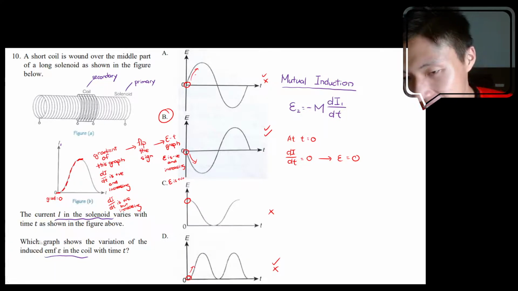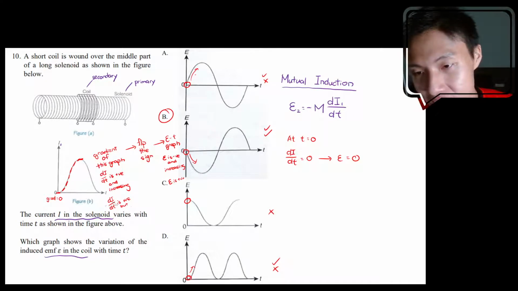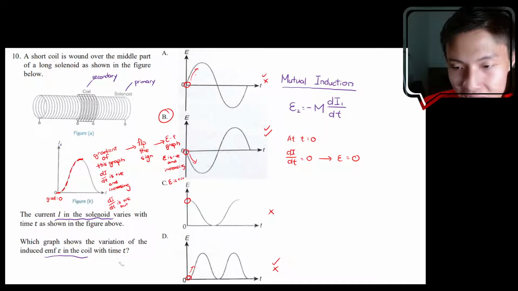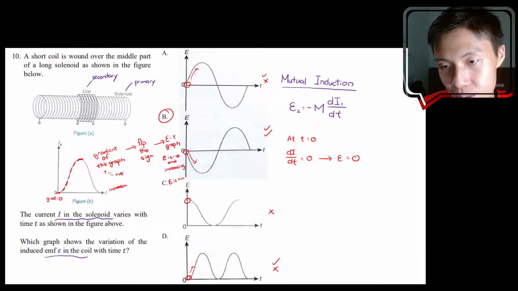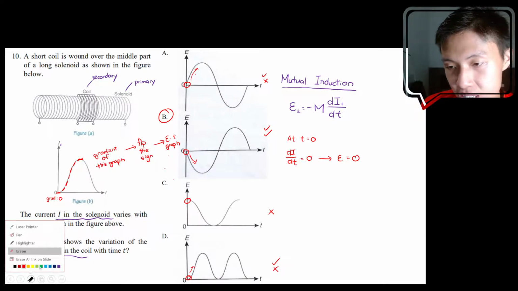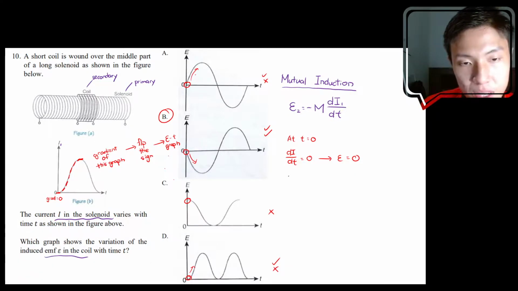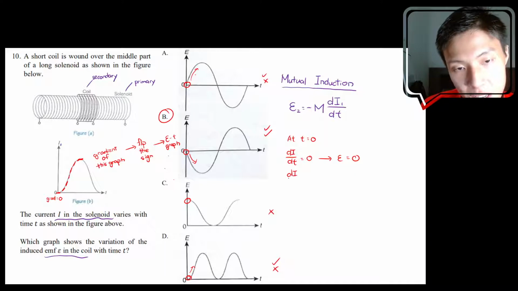What am I writing? Let me write here. Let me remove everything here to avoid confusion. Okay, initially di dt is 0, then epsilon will be 0, then di dt is positive and increasing.